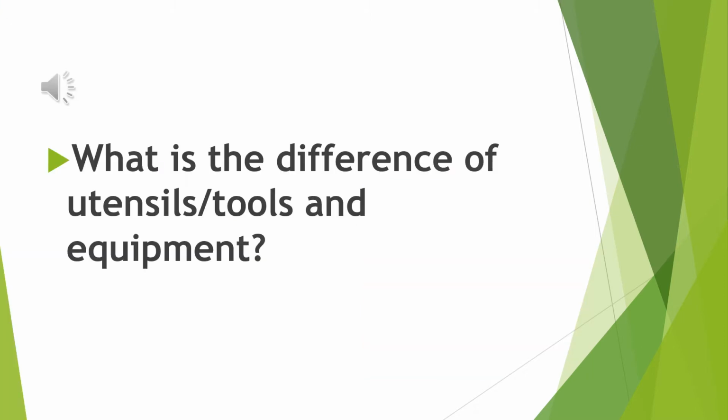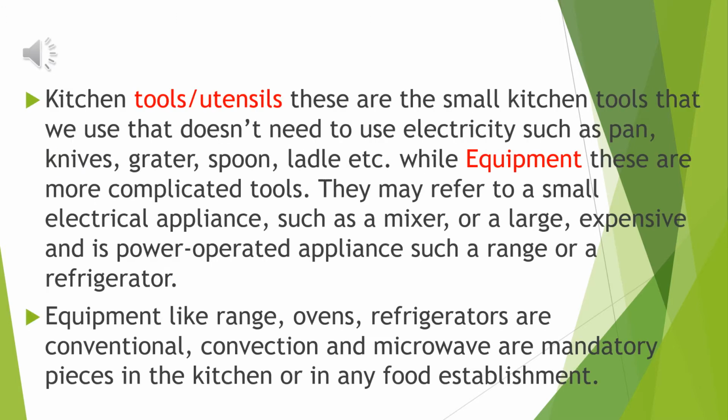Before we start, I have a question. What is the difference of utensils or tools and equipment? Let's see if your answers are correct. Kitchen tools or utensils, these are the small kitchen tools that we use that don't need electricity, such as pan, knives, grater, spoon, ladle, etc. While equipment, these are more complicated tools.